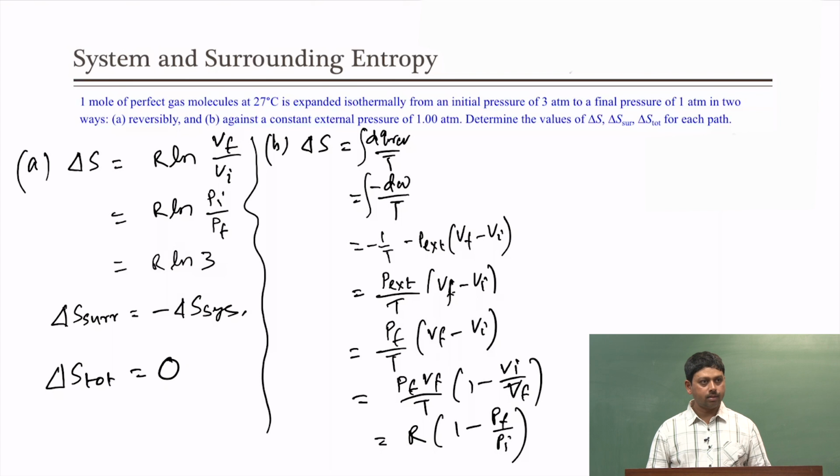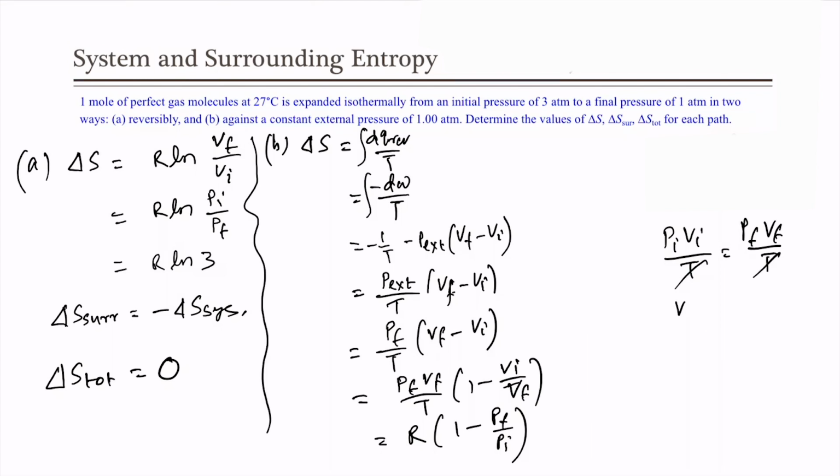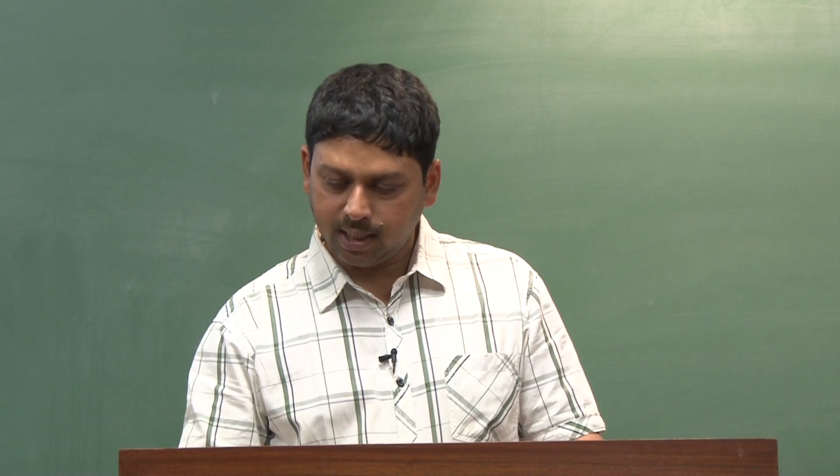Otherwise, P i V i by T is P f V f by T, the T cancels, then V i by V f is P f by P i, just the opposite. Now we know the values. What is P f? P f is the final pressure, and the initial pressure is this. So we are going to get 2 by 3 R. Is it okay? All the steps?